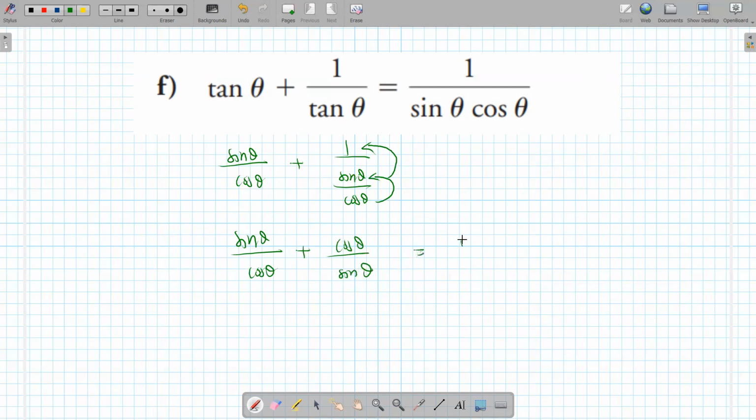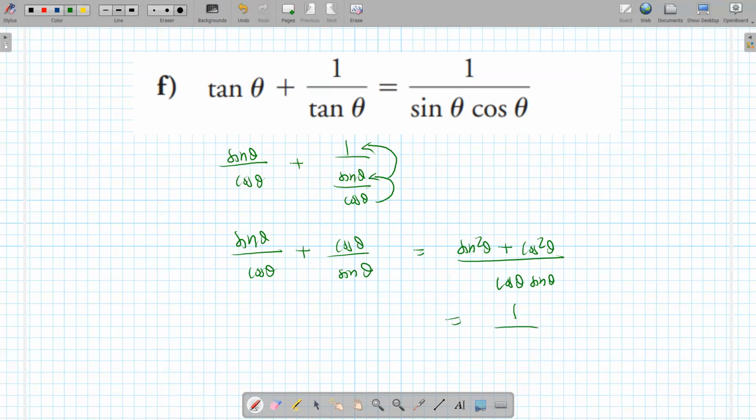Take the common denominator, you get sine squared theta plus cos squared theta all over cos theta sine theta. What's sine squared plus cos squared? 1, and you're done.